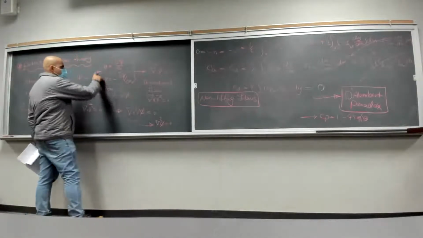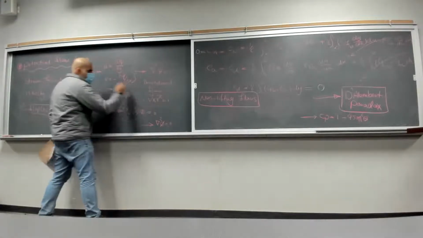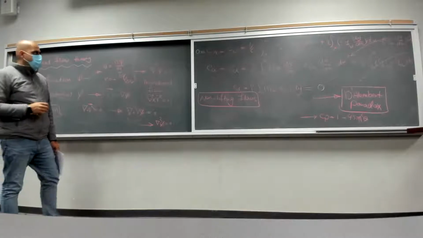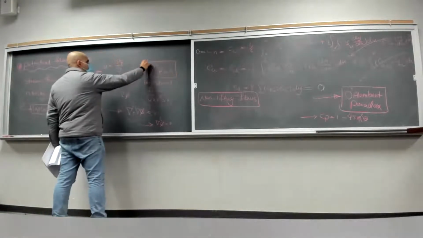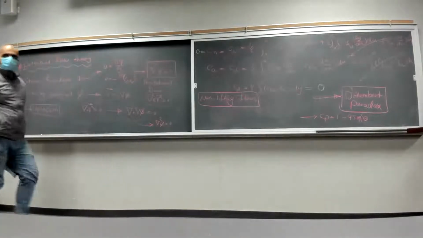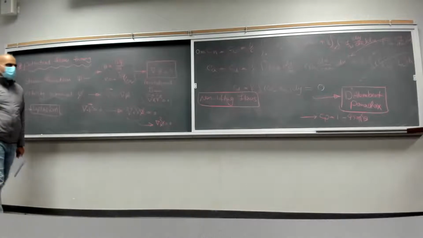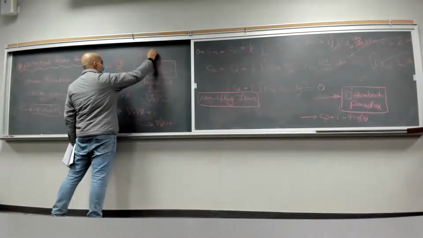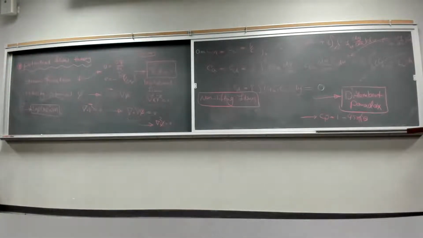Just use these definitions in a Cartesian coordinate system, and the fact that for an irrotational flow the curl of velocity is 0, to prove that the Laplacian of the stream function is 0. So this is the bonus point: prove the Laplacian of the stream function is 0 for an irrotational flow.